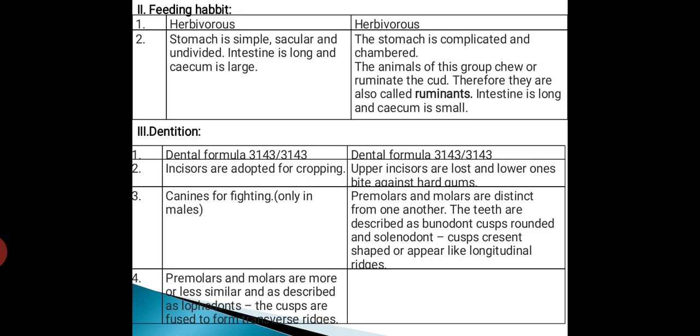Dear students, do you know what this process of rumination or cud chewing actually is? You must have seen cows or buffaloes or other ruminants, when they obtain food material in large quantities, they just swallow it and push it into the first chamber of the stomach.